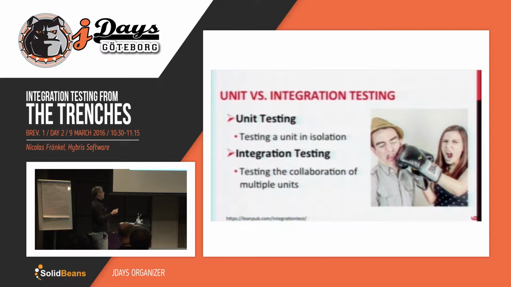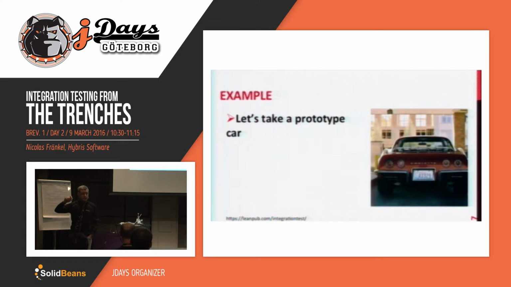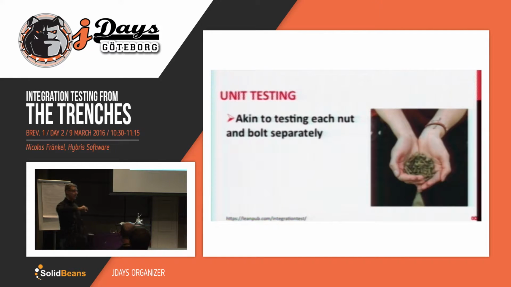If you want to unit test the car, you will test every little piece of the car separately, every nut, bolt, screw, and stuff like that. And you will make sure that they work. And probably that is what is done in the automobile industry. Whereas for integration testing, you will take the car on a test drive and see how well it fares.